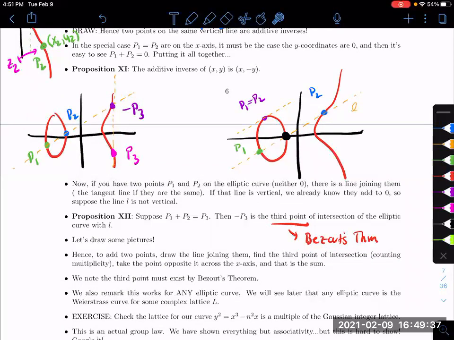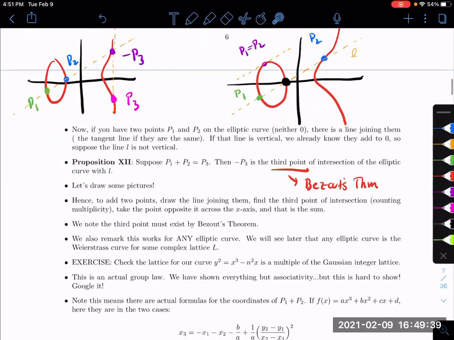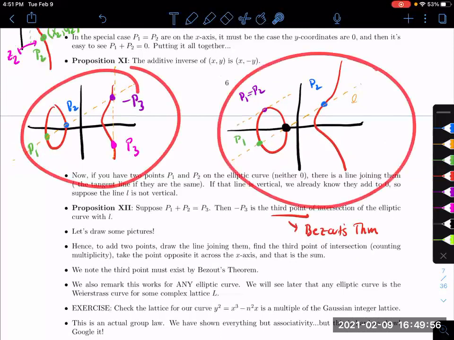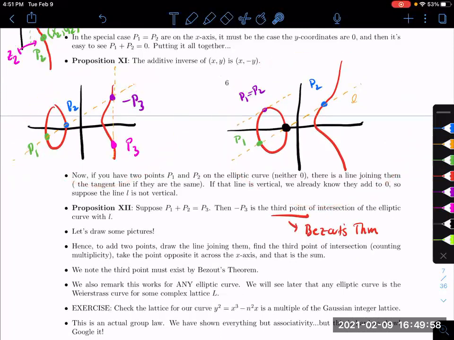And I want to remark, what I just described works for any elliptic curve, because we'll see later that every elliptic curve comes from a lattice. So there's always an addition on a torus that the addition on the elliptic curve comes from. So you never have to worry about this actually failing for some elliptic curve because maybe you think that elliptic curve doesn't come from a lattice.